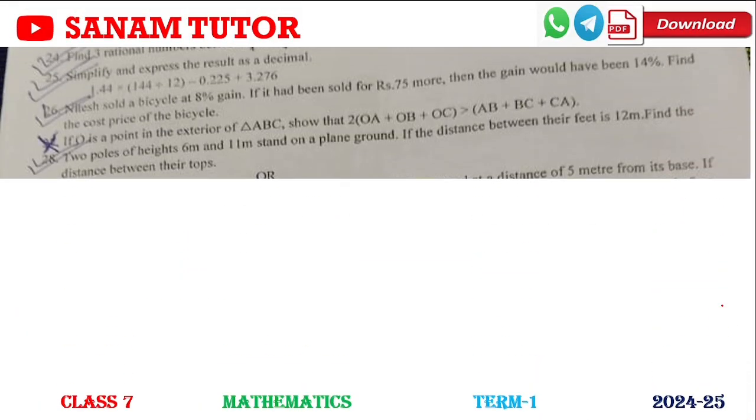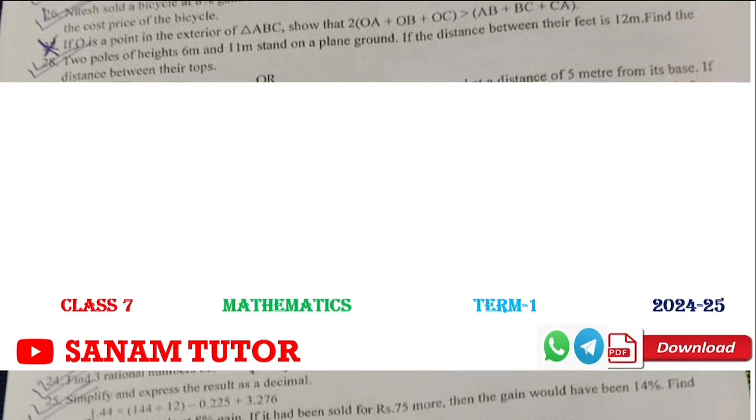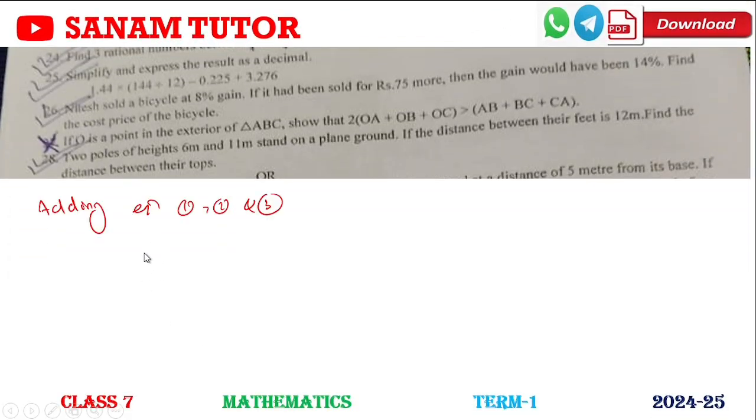The first equation left side is OA plus OB. So write down OA plus OB. Second one left side is OB plus OC, then OC plus OA.